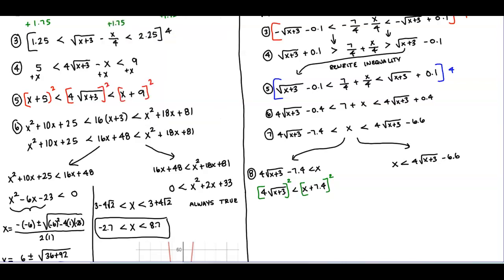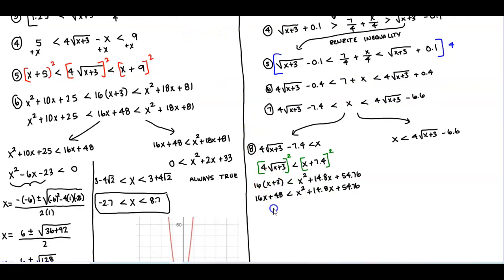So we get 16 times x plus 3, and that's going to be less than x squared plus 14.8x plus 54.76. And if we distribute the 16, we get 16x plus 48, which is less than x squared plus 14.8x plus 54.76.